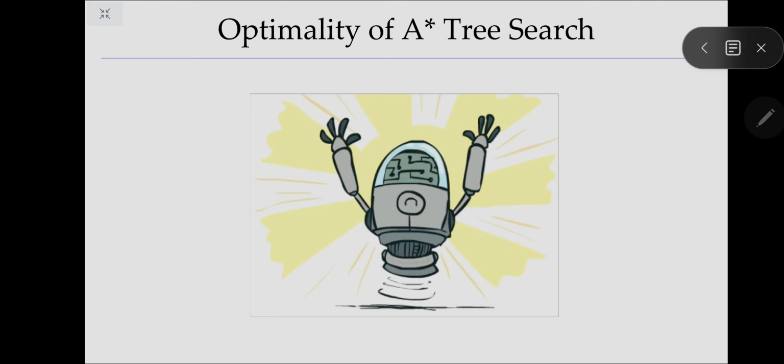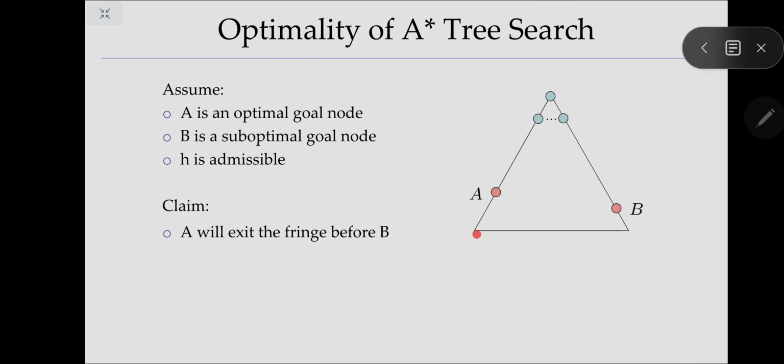Now, we need to discuss the guarantee of A star to find the optimal solution. We focus just on tree search in this lecture. In tree search, we have basically a searching environment that is shaped by different nodes at the different levels of the tree.